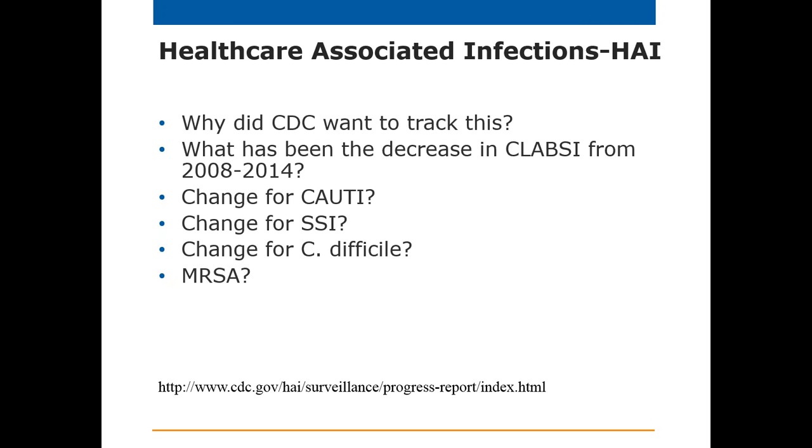SSI was reduced by 19%. Abdominal hysterectomy SSI decreased 17%, 2% decrease for colon, 8% for C. diff, and 13% for MRSA. So what does that say? They're getting results. These great results tell us that a program you're held accountable for can make a difference in the care your patient receives.